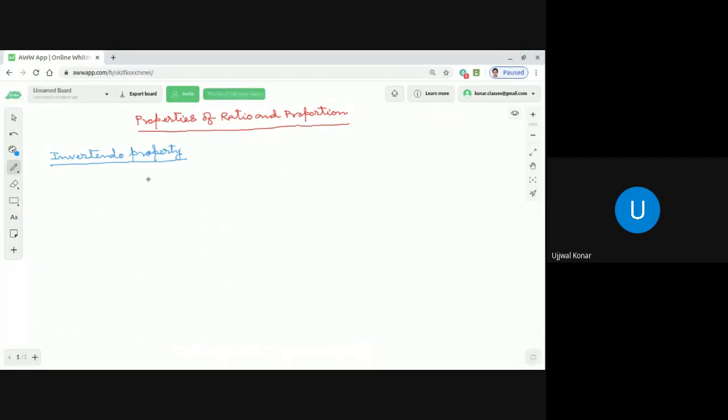So before I start discussing this, please let me know that you are able to hear my voice very clearly and able to view the screen properly. Yes, sir. Okay, great. So the invertendo property says what you know.